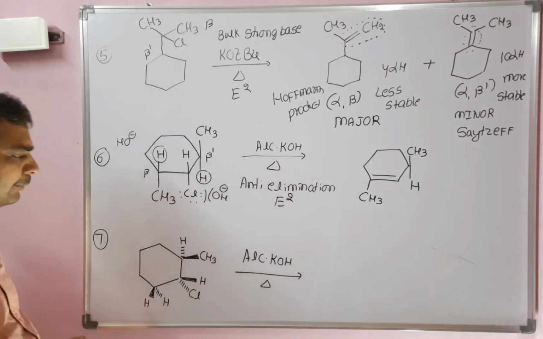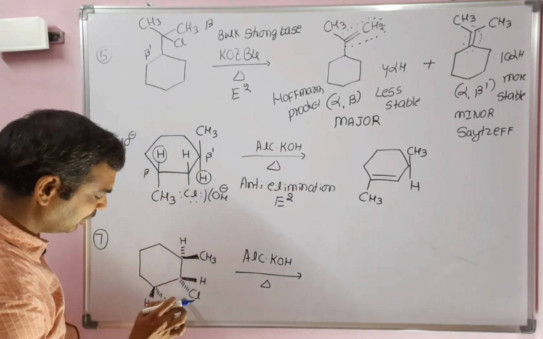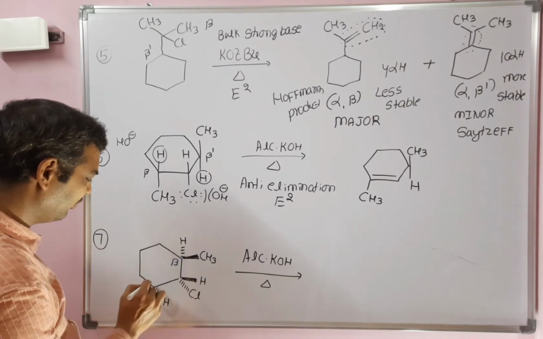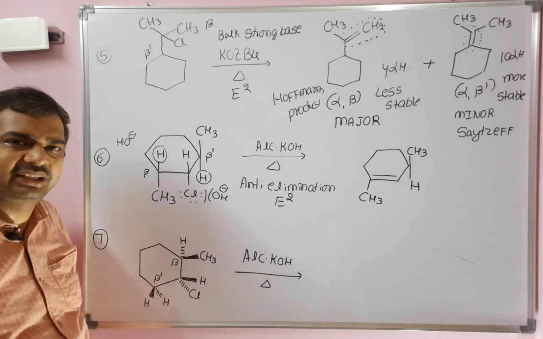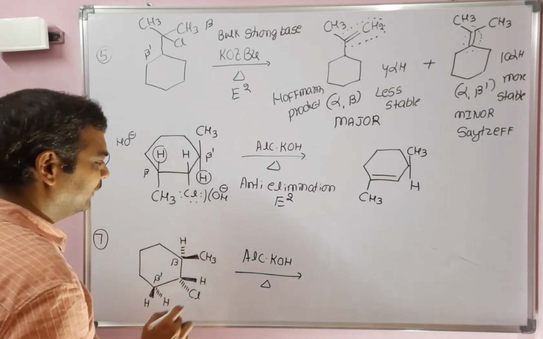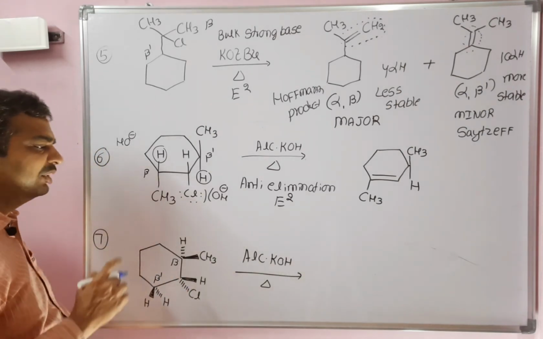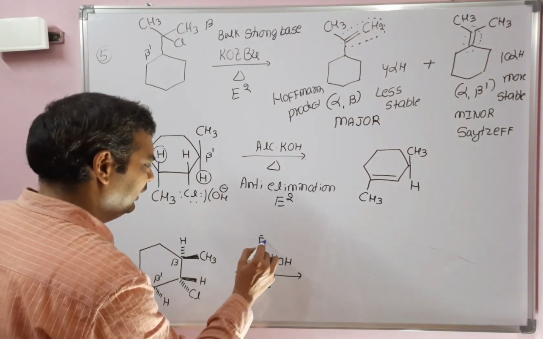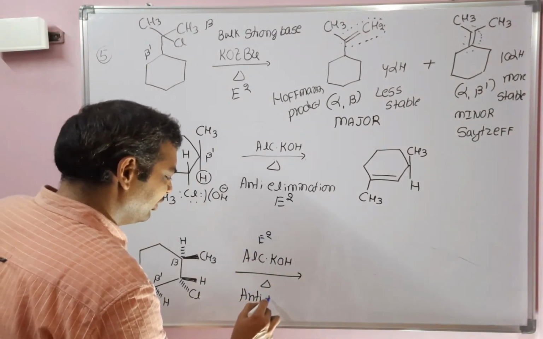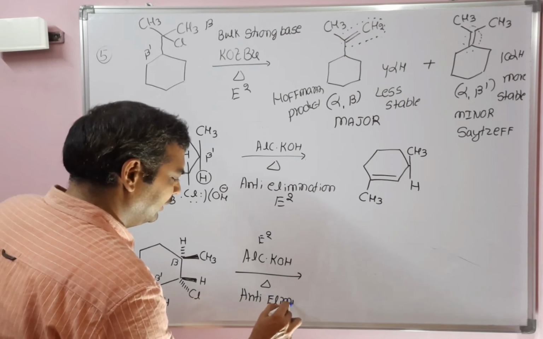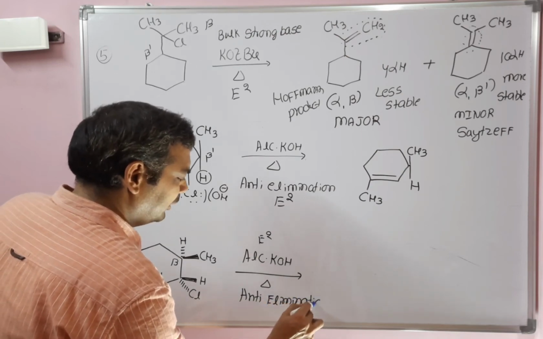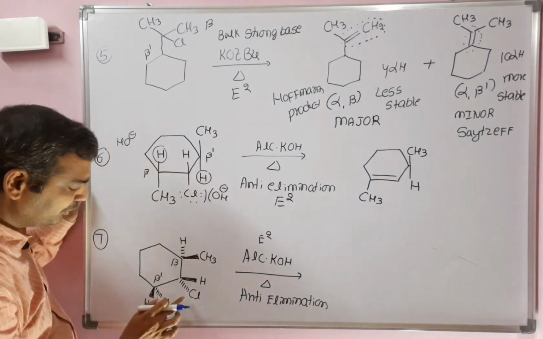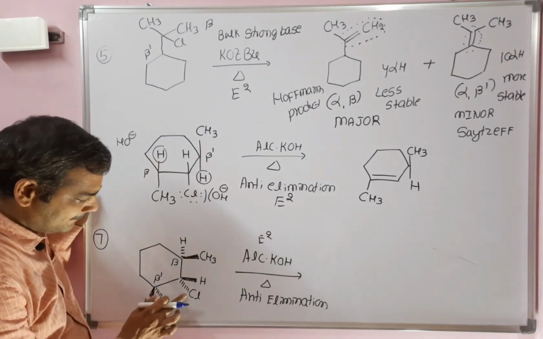Coming to the seventh example. Here a halogen is there, and beta and beta prime, two beta carbons are there. OH minus will abstract a proton at a beta carbon. Definitely anti-elimination will take place in E2. In anti-elimination, the base abstracts a proton at a beta carbon which is opposite to the chloro. Chloro is below the plane.